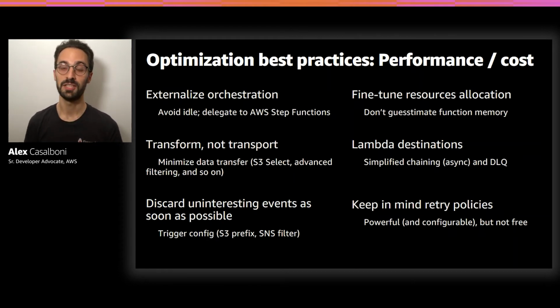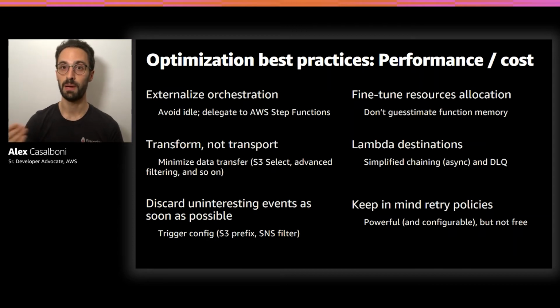Lambda Destinations are not really a way to save a lot of money, they're a way to automate the delivery of the output of your functions to downstream destinations. I think sometimes it might actually help you save some money because you're not just sparing some code, getting rid of some code in your business logic.